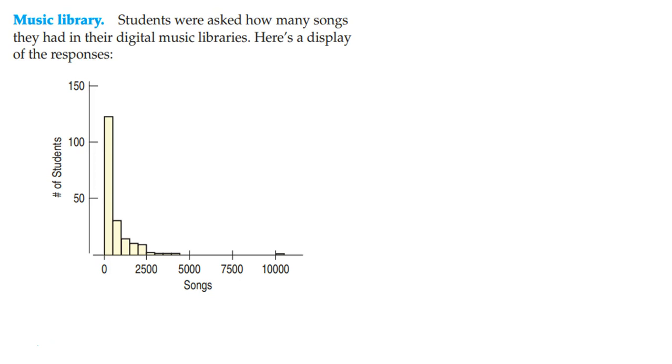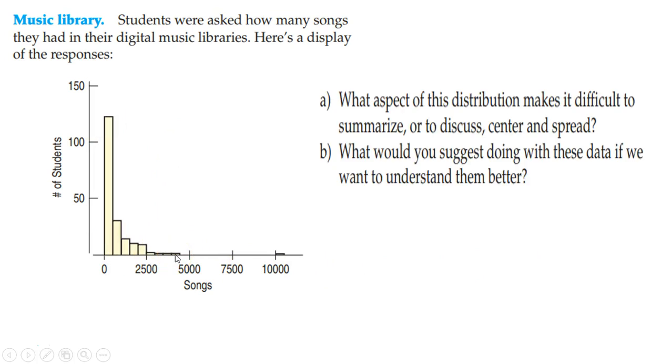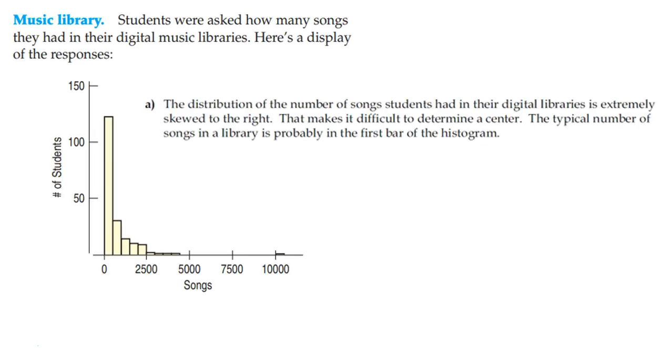In this next one, students were asked how many songs they had in their digital music libraries, and here's their display again. And the point is, it's also skewed to the right, and there's a lot happening down here, so it makes it hard. So what aspects of this distribution make it difficult to summarize or discuss the spread? It's the same setup as the last question, basically.